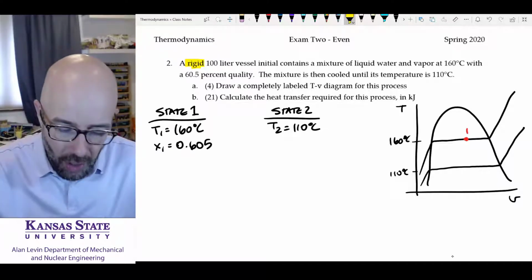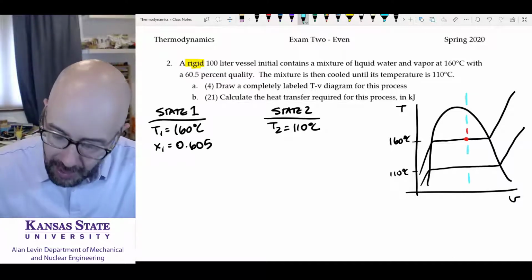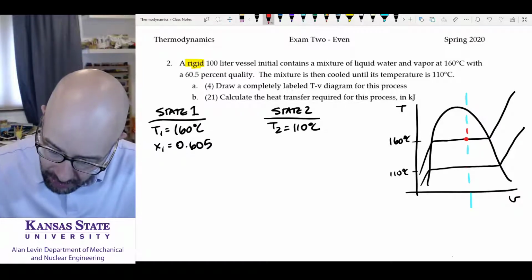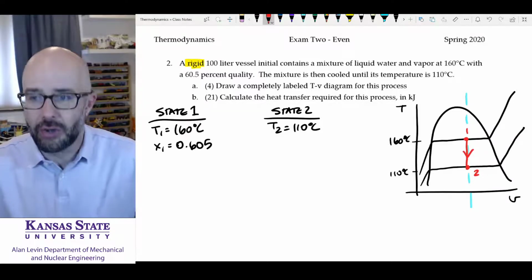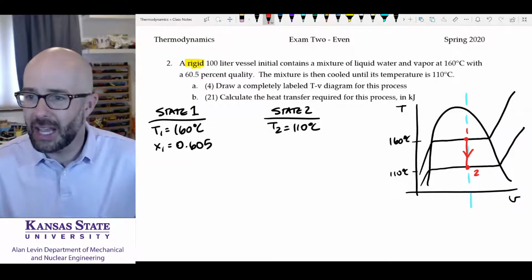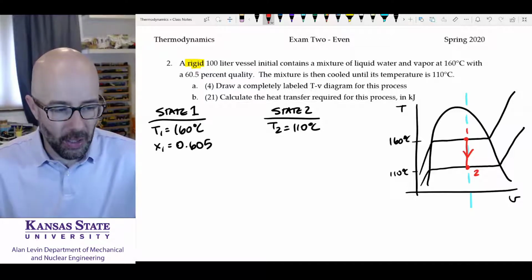So you know that you must be somewhere on this line when you're drawing your state 2. And so it's easy to say that state 2 is going to be right below state 1, and the process line is going to go like this. You're going to fall directly down here to state 2, and that is where your T-v diagram is going to show up. Not to scale. I'm not perfect on this. It's just showing me a representation of how things are going to go.